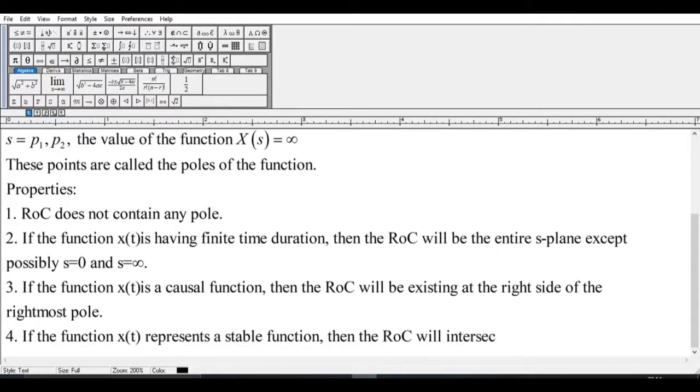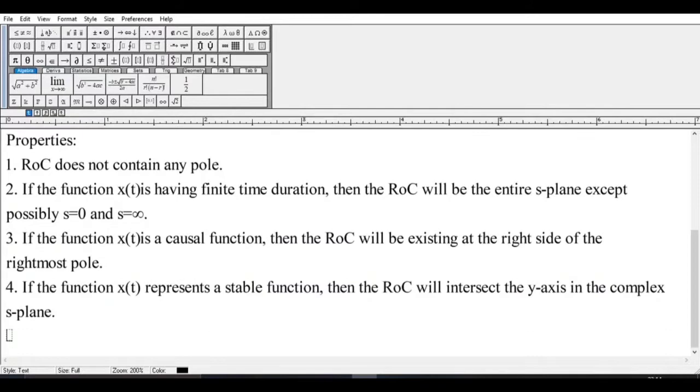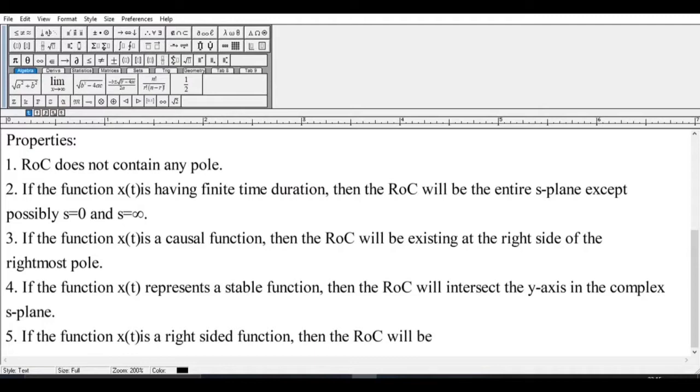Fifth property. If the function is a right-sided function, that means the function after originating propagates to the right side, then the ROC will be of the form real of s greater than sigma max, as it is shown in the following section.